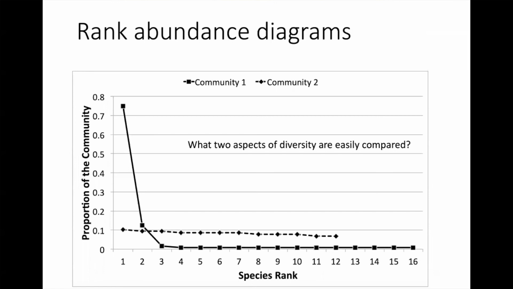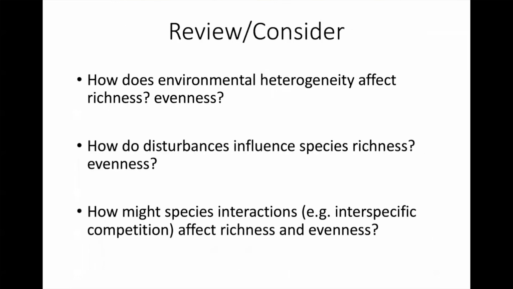So think about how environmental heterogeneity might affect species richness or species evenness. We've already talked about richness a little bit. How might you expect a more or a less heterogeneous environment to look in terms of being highly dominated by one species or evenly dominated by many species?